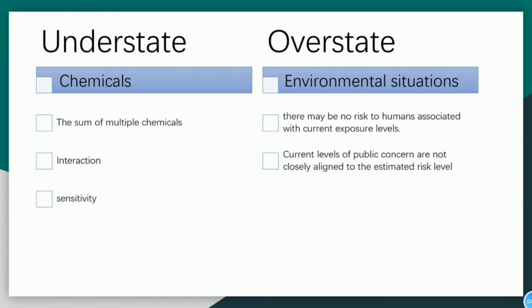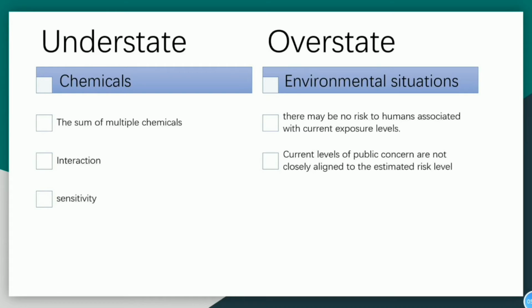The last one is sensitivity. Different people have different levels of sensitivity to the same food or the same thing. For example, maybe I am more sensitive to sweet, and probably you will be more sensitive to some chemicals.